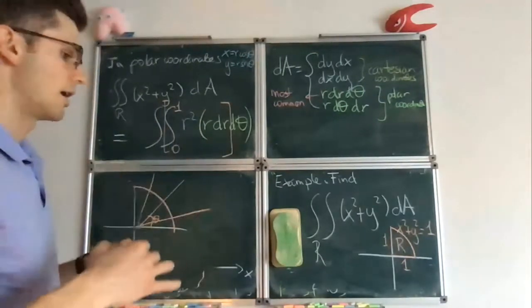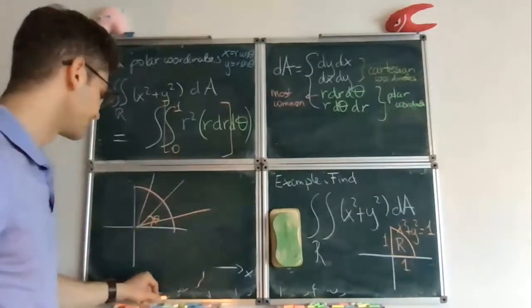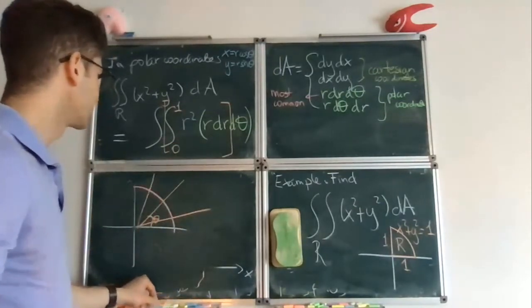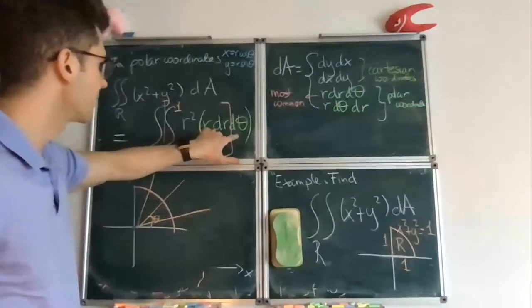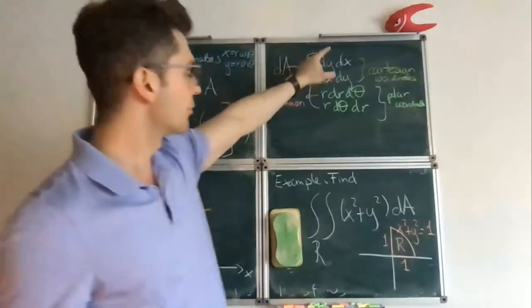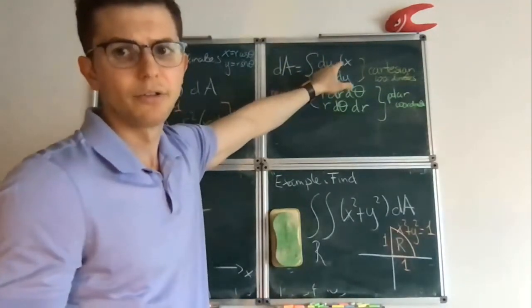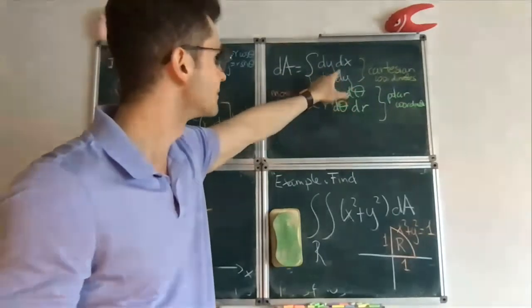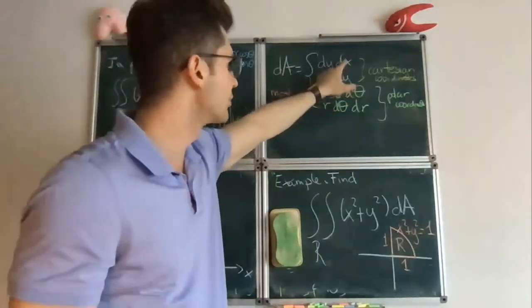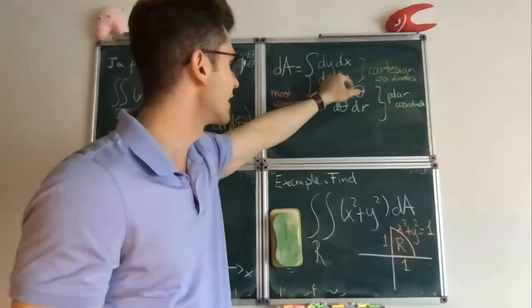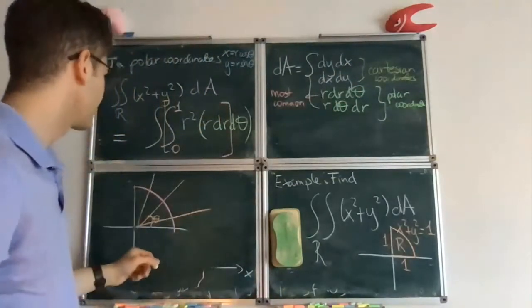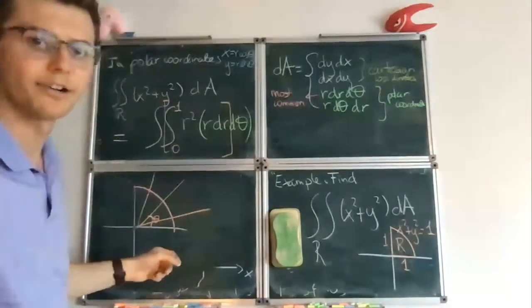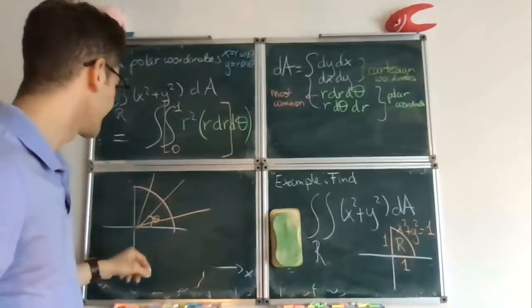Once you figure this out, remember that theta is similar to what happened in these orders of integration. You can only put constants for the last two bounds, and those have to be the smallest and largest value that the angle takes in this region.